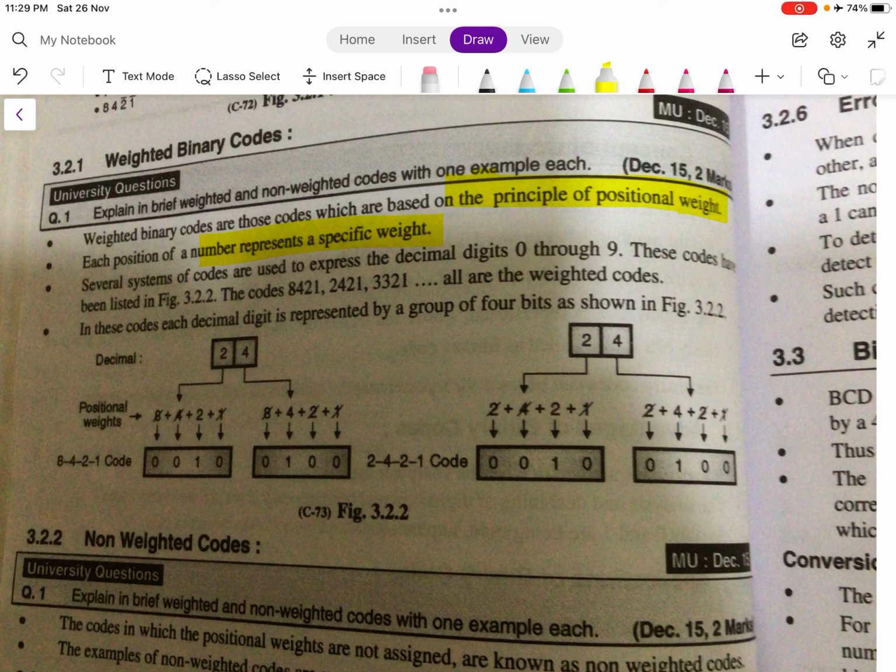The codes 8421, 2421, 3321 are all weighted codes. In these codes, each decimal digit is represented by a group of 4 bits, represented as a 4-bit number 8, 4, 2, 1.